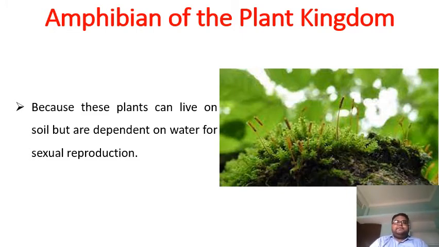Let me ask you why a frog is called an amphibian. Yes, because they can also live on land, but for their reproduction, they need to go to water bodies. The same is the case with the bryophytes: although these plants can live on the soil, they are dependent on water for their sexual reproduction.